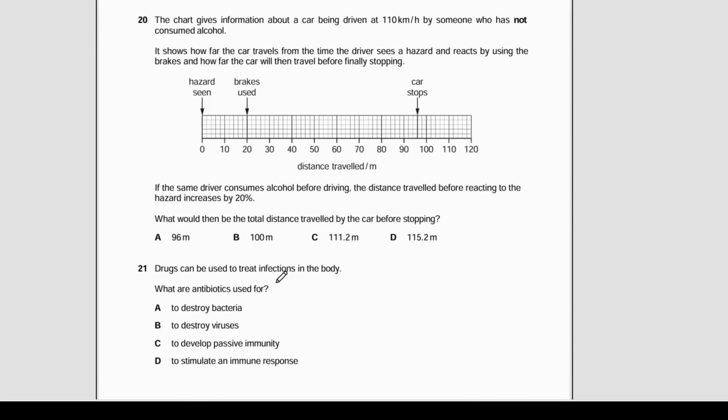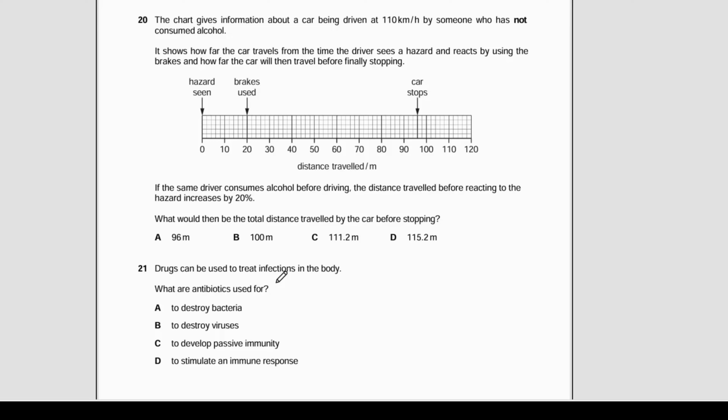The graph gives the information about a car. Okay, now this must be difficult. Driven at 110 km per hour by someone who has not consumed alcohol. It shows how far the car travels from the time the driver sees a hazard and reacts. If the same driver consumes alcohol before driving, the distance traveled before reacting to the hazard increases by 20%. What should be the total distance traveled by the car before stopping?